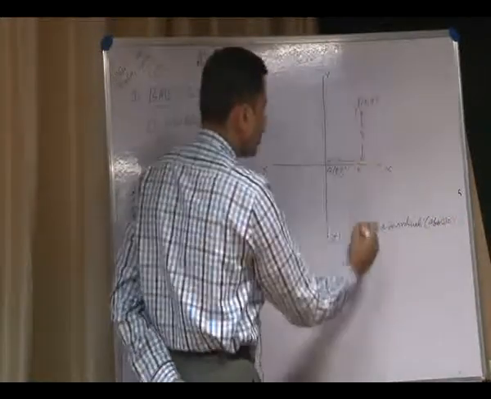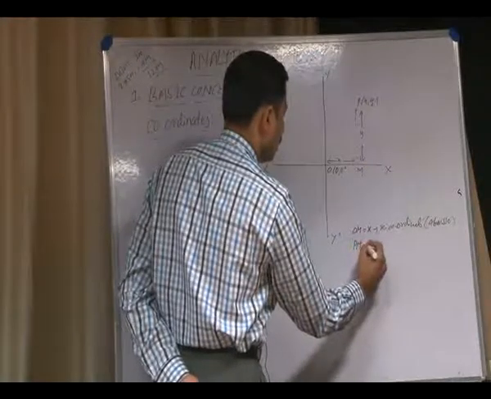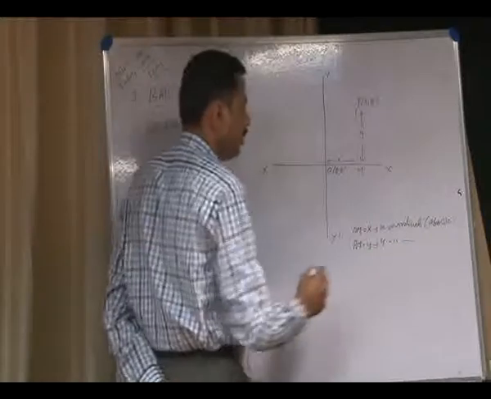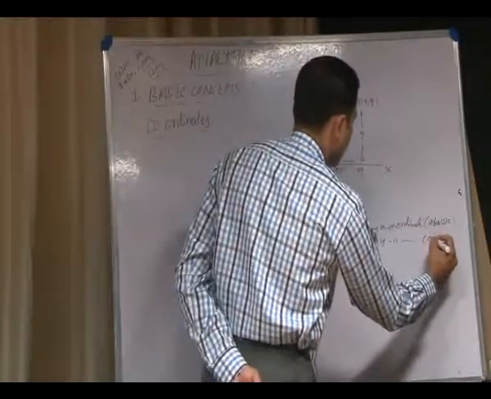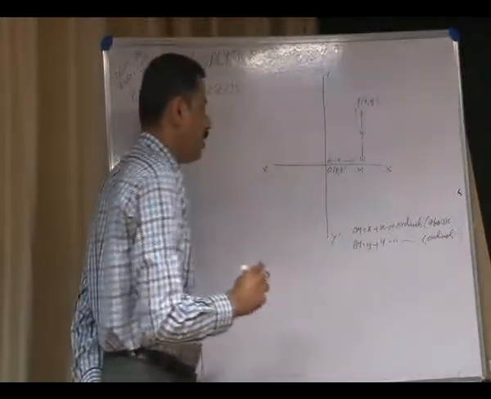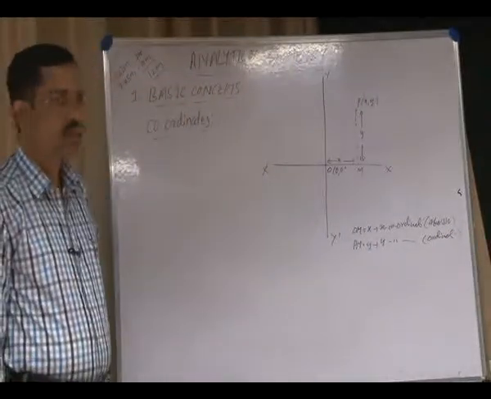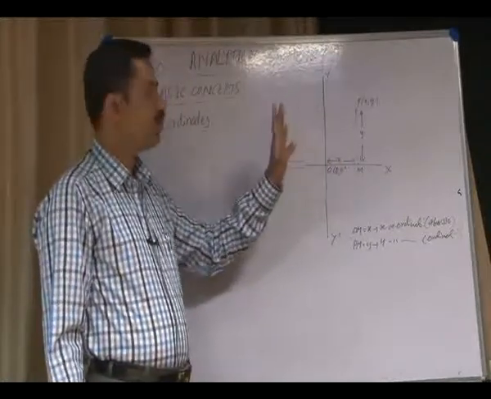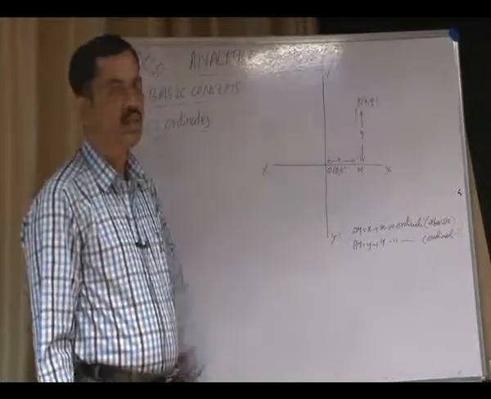Similarly, the distance PM is equal to y, which represents the y coordinate of point P, also called the ordinate. So like this you represent a point in a plane by using 2 coordinates, that is x and y coordinates.